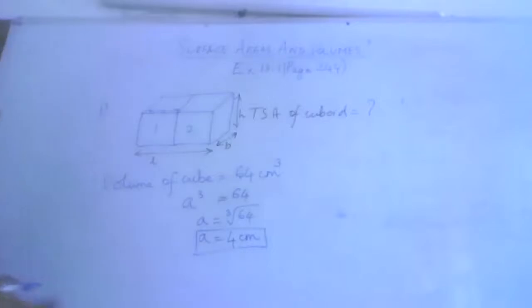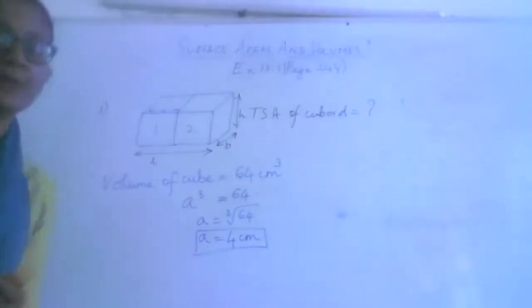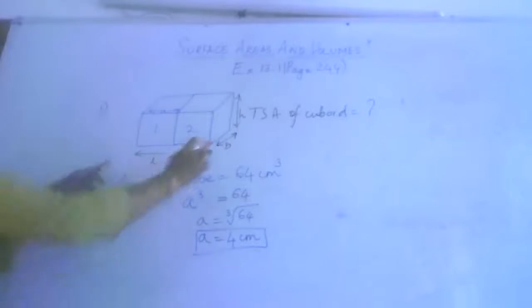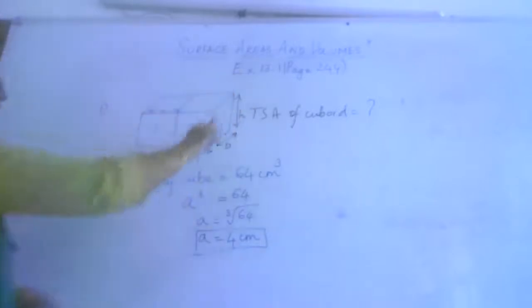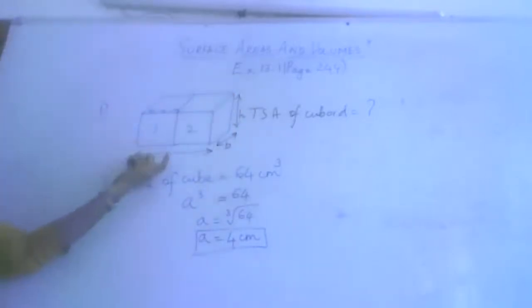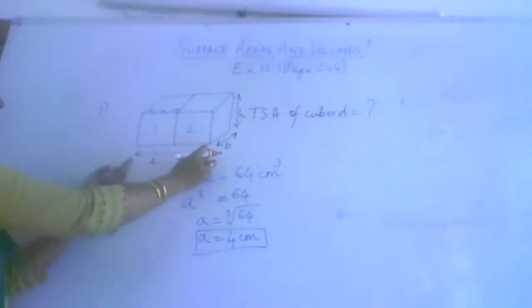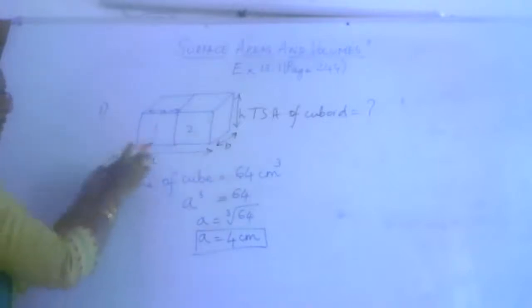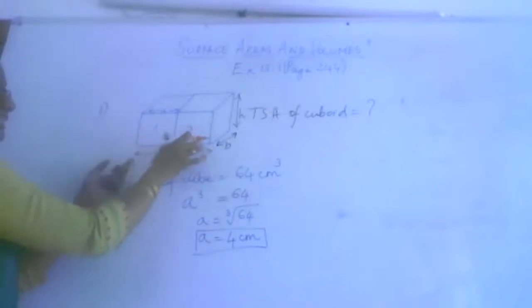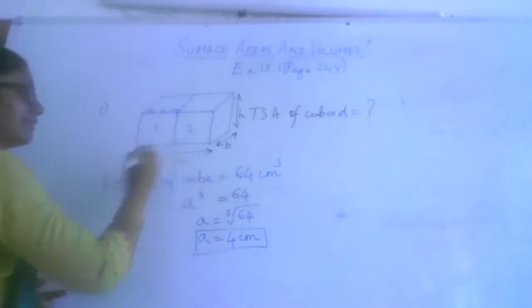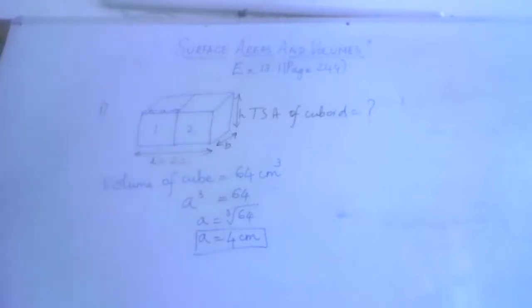So now that you got the edge of the cube as 4 centimeters, will you be able to find out the length, breadth and the height of the resulting cuboid? The length is where those two cubes are joined together. So what will be the length of the resulting cuboid? This is A, 2A, another A. So length will be 2 times A. Correct?